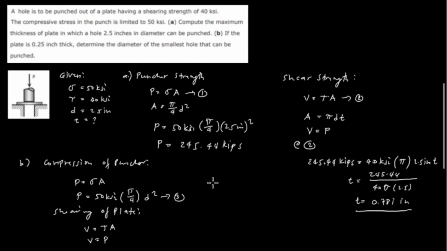3. V is equal to tau times A, then substitute V for P, which is 12.5 pi d squared, is equal to the tau value, which is 40, multiplied by the area, which is the circumference times t, so pi d, multiplied by the thickness, which is 0.25 inch.